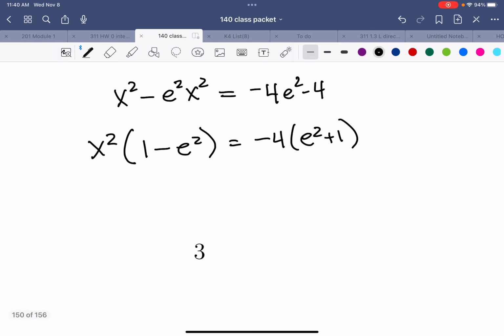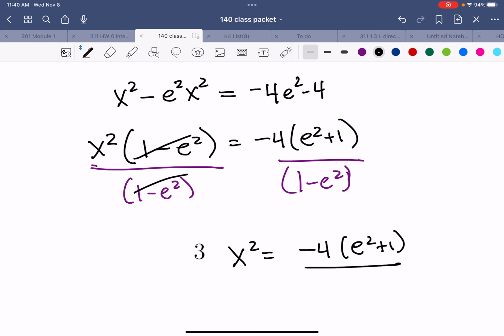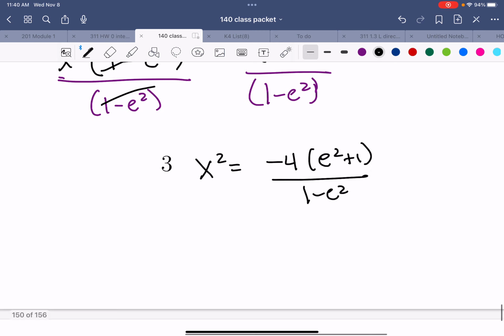And then I'm going to divide both sides by what's in front of my x squared, so 1 minus e squared on both sides, and they cancel over here. And I just get x squared equals negative 4 times e squared plus 1 over 1 minus e squared. And then the last piece would be to take the square root of both sides. Don't forget your plus and your minus.